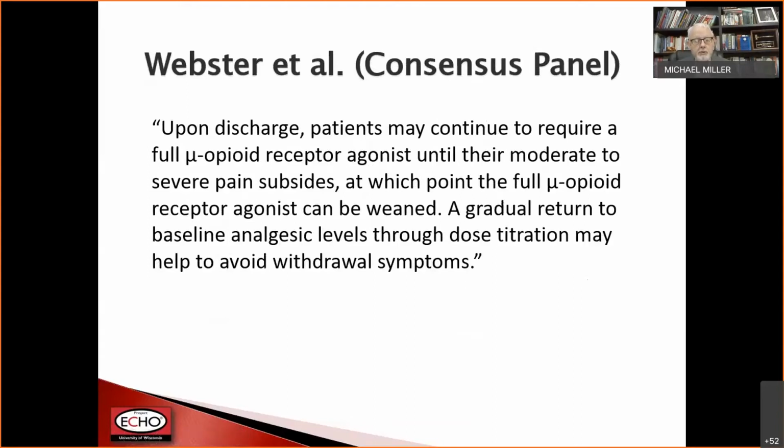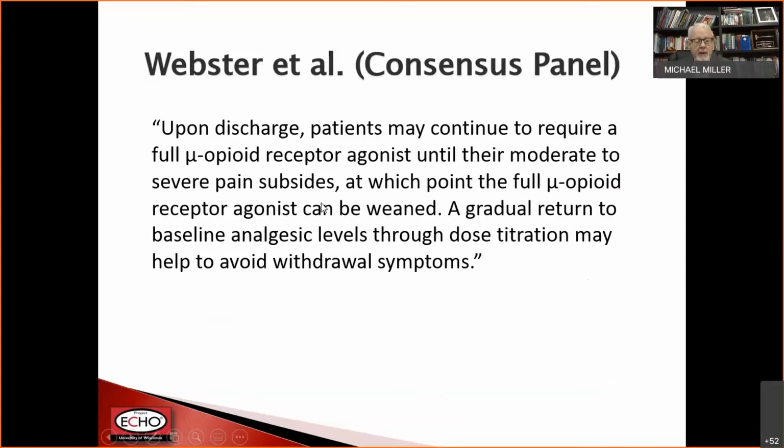This is a surgical thing saying if you're on full mu opioid receptors, patients may continue to require the full agonist after they leave the hospital. So if you add it as a supplement, you may want to keep them on it. And then when you taper off the full agonist, they're not going to have any discomfort because bup is in place.